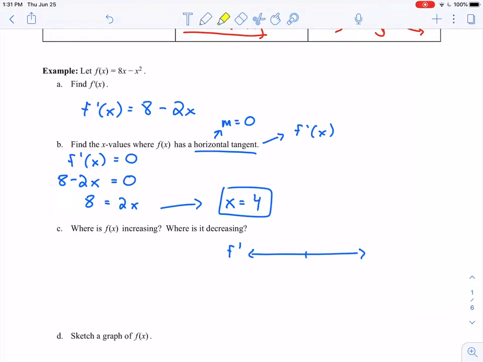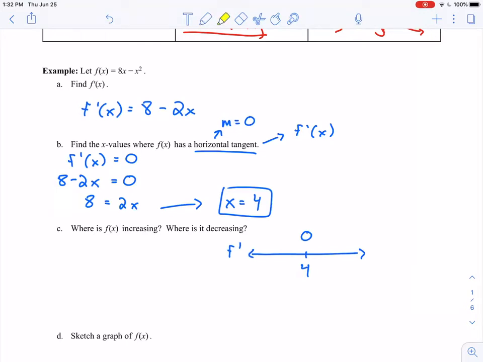Now I know that the derivative was 0 at x equals 4. So x equals 4, this seems like a pretty important point. So there's my x's. I'm going to have the x's be below my number line. I have a derivative f prime of 0. So I know that the derivative is 0 exactly at 4.